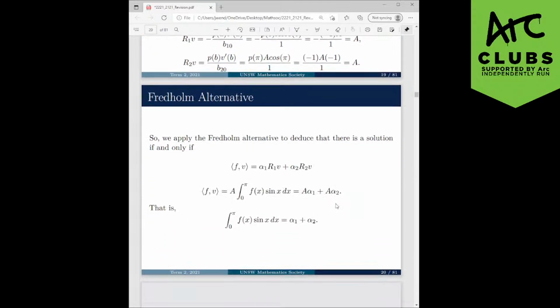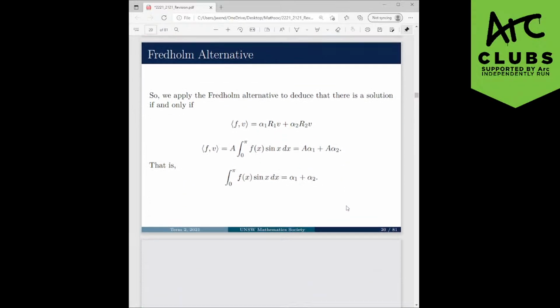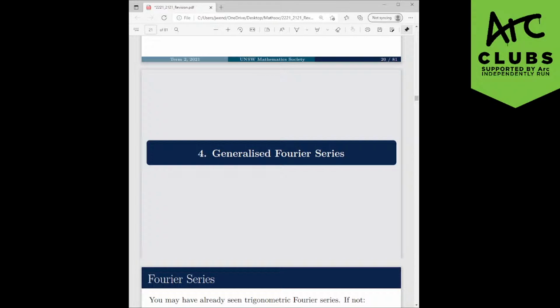So that's what Fredholm's alternative is, ultimately. A lot of substitution, quite a lot of remembering the formula, but it is open book, so hopefully you have that formula hanging around. Any questions about this boundary section before we move on to the fabulous Fourier series?